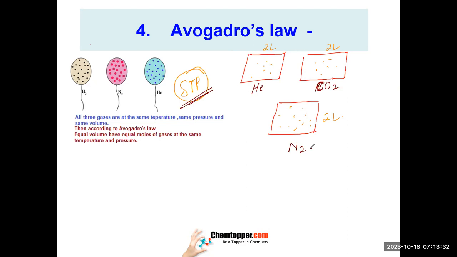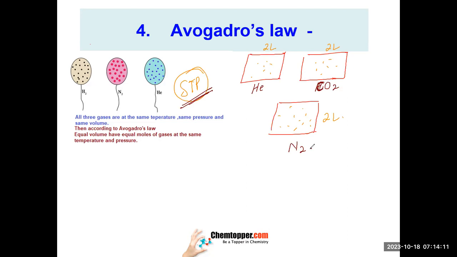These are the containers at STP. The volumes are equal. So equal volumes have equal moles. So all the containers have equal moles, right? Ariba, so which container is heaviest? Afan, Vivan, Nivriti. No, equal volumes are given.